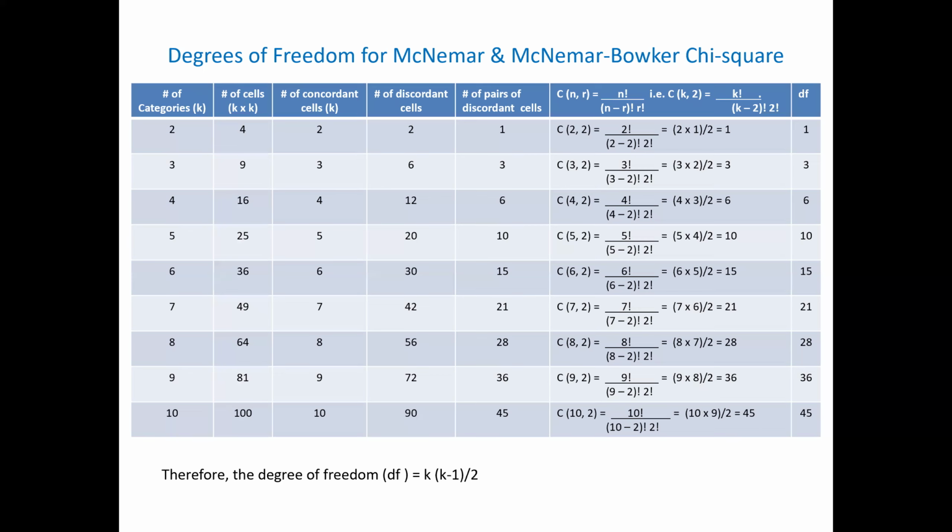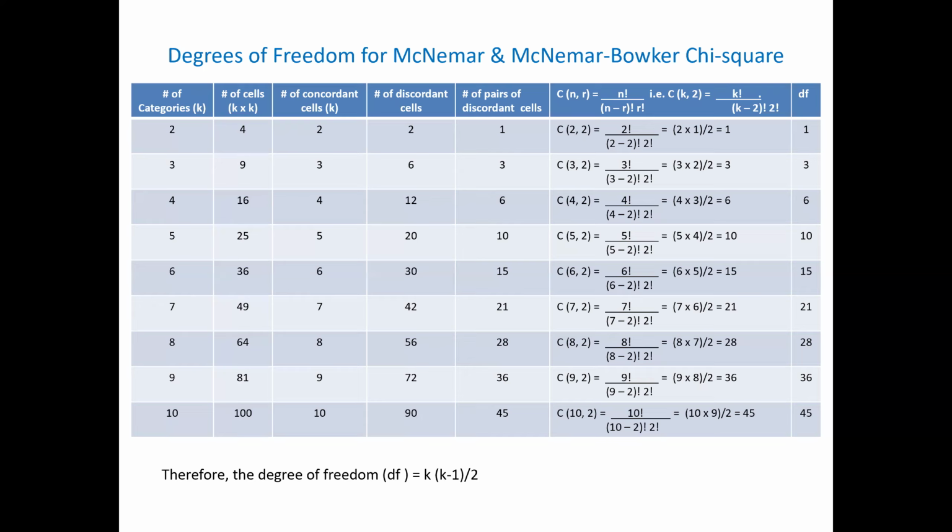Even in McNemar, it is 2 also, because there are 2 categories. The number of discordant cells is going to be double the number of categories, or double the number of concordant cells. Can you see that?